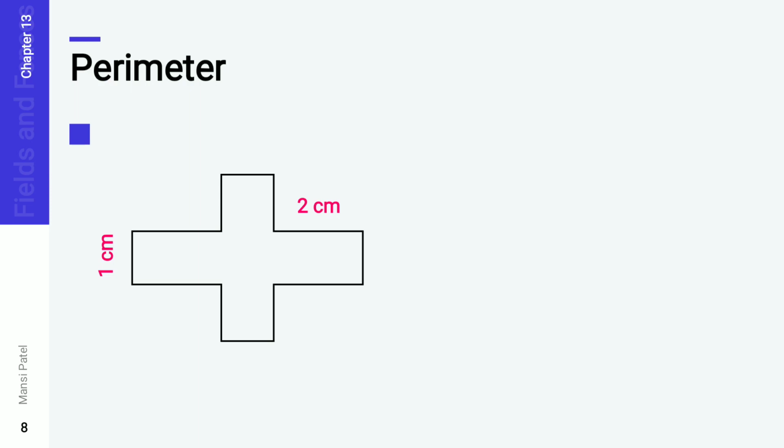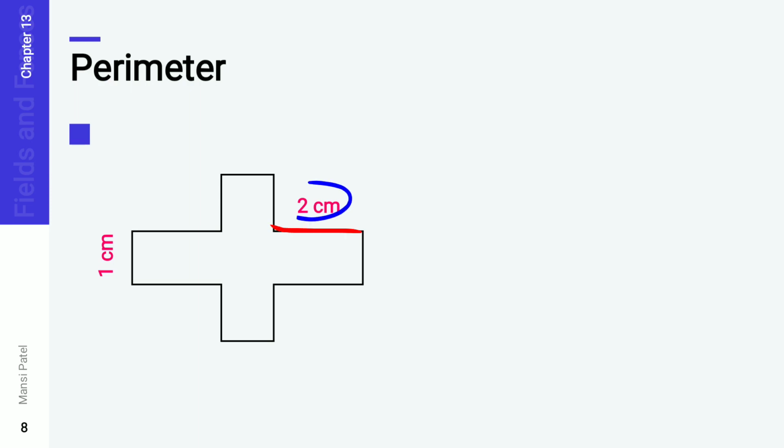How many sides are given? 1, 2, 3, 4, 5, 6, 7, 8, 9, 10, 11 and 12. How many sides are there? 12 sides are there. Yes. But they have given only two measurements to you. Now how can we know the other measurements? See here, this line is 2 centimeter. So this type of line is 2 centimeter.